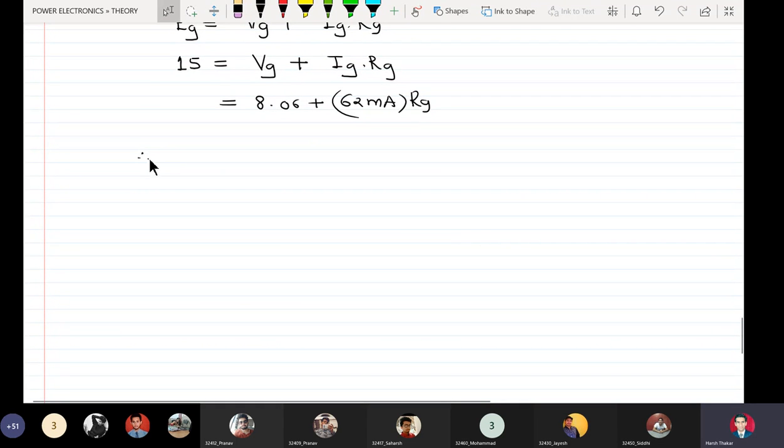So I can say therefore my Rg is equal to 15 minus 8.06 upon 62 milliamperes, which comes out to be 111.94.